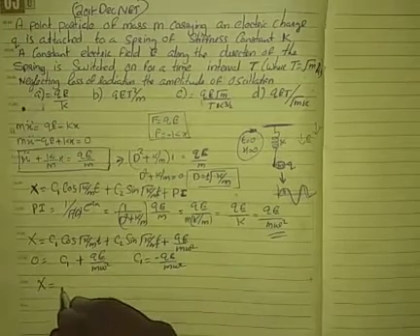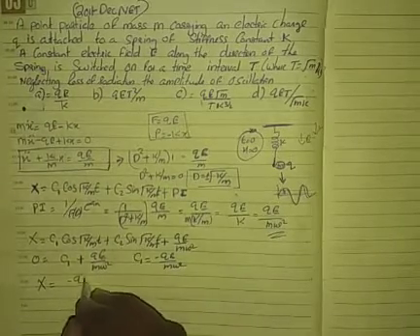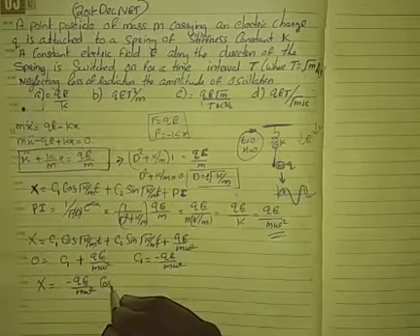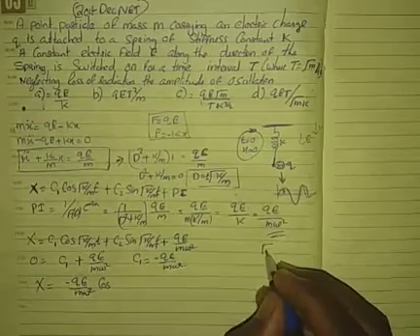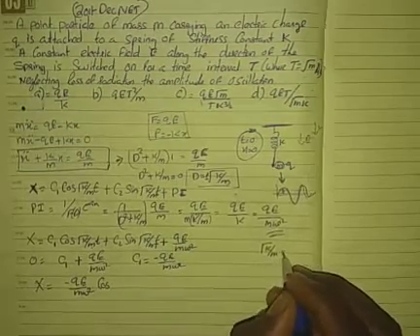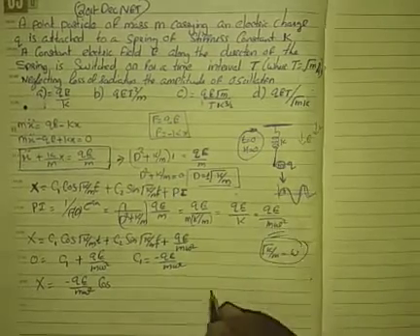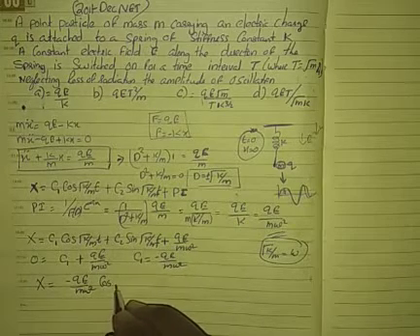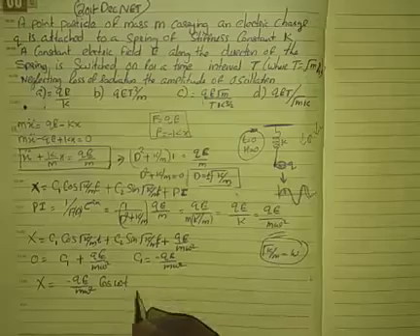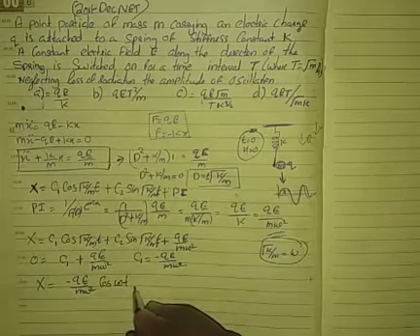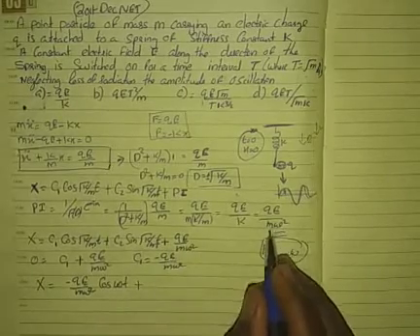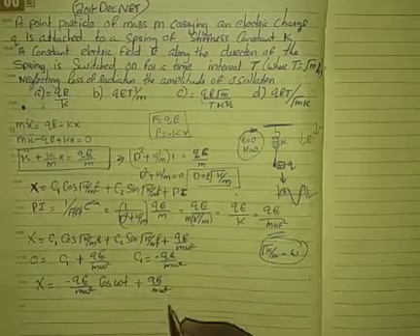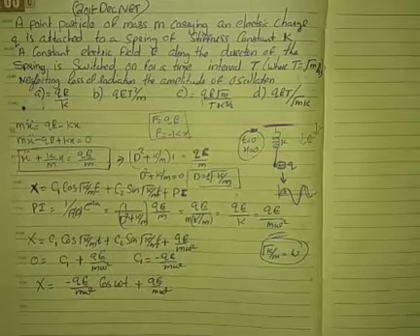We will get minus QE by M omega square cos omega t, because root K by M is equal to omega. We have already said that. Plus QE by M omega square is our solution right there.